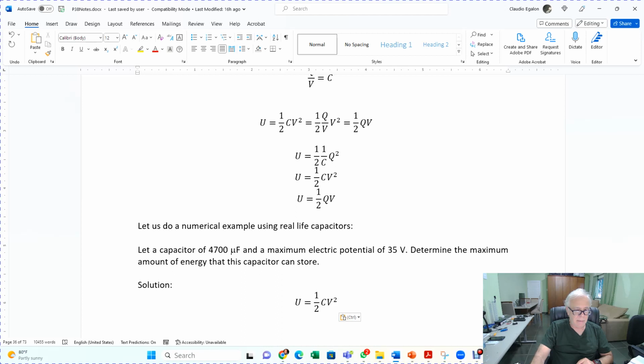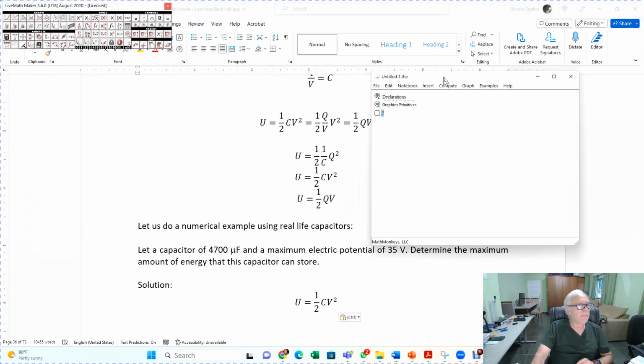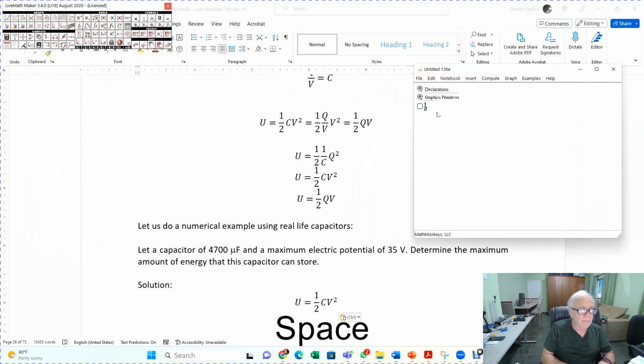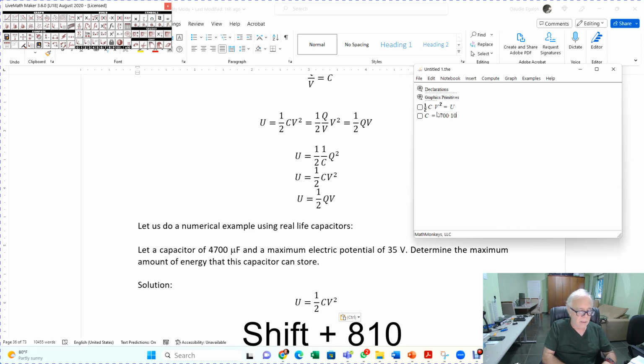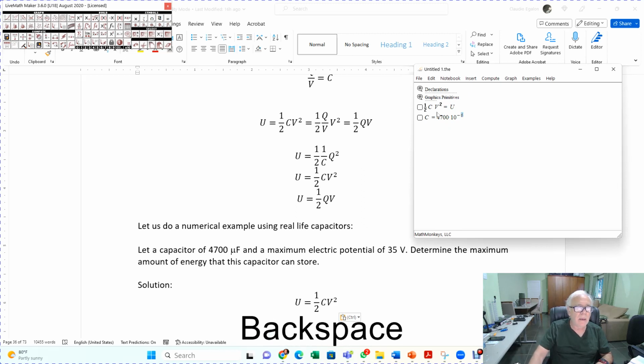Going back to this software of mine, here you go. So half C V squared. Okay, C is 4700 microfarad and the voltage is 35 volts.